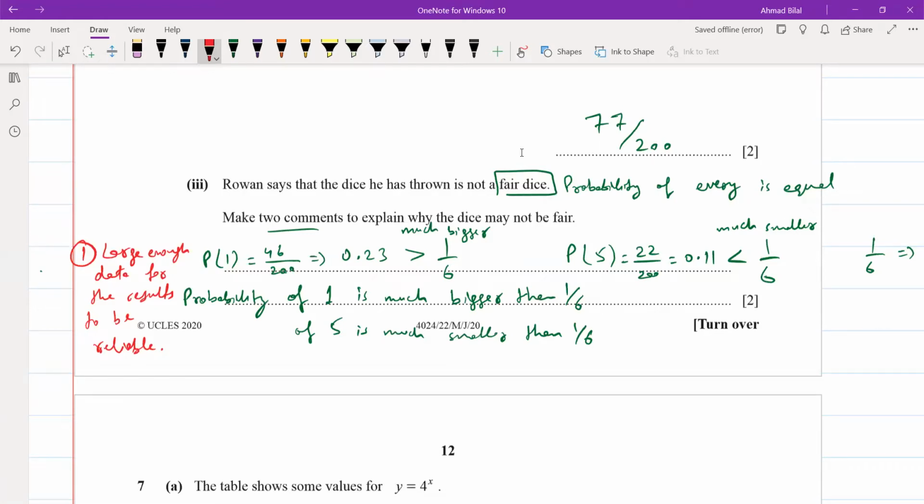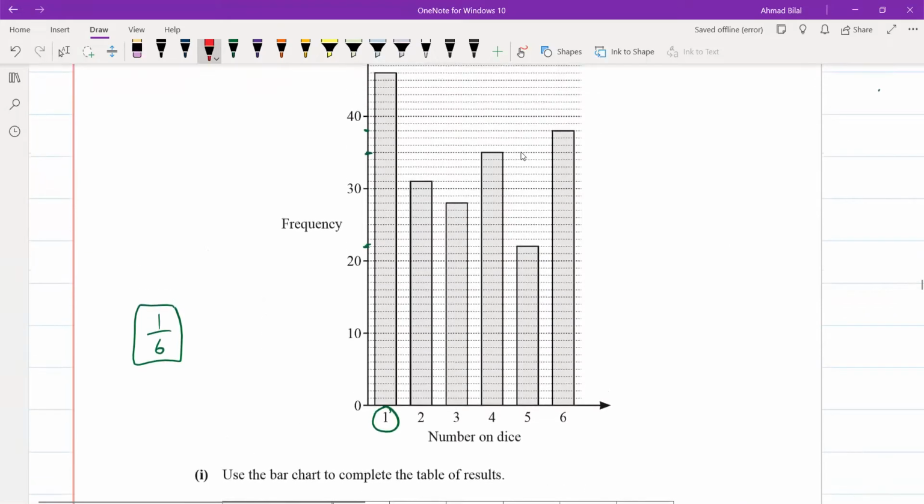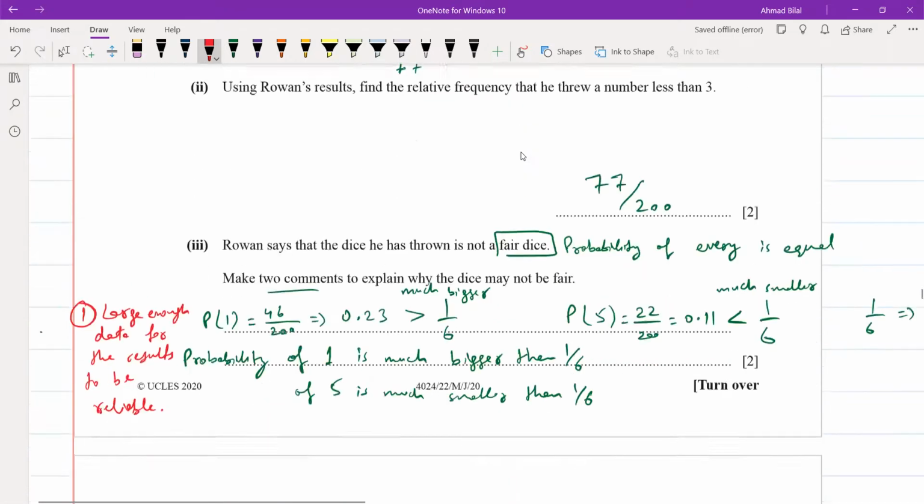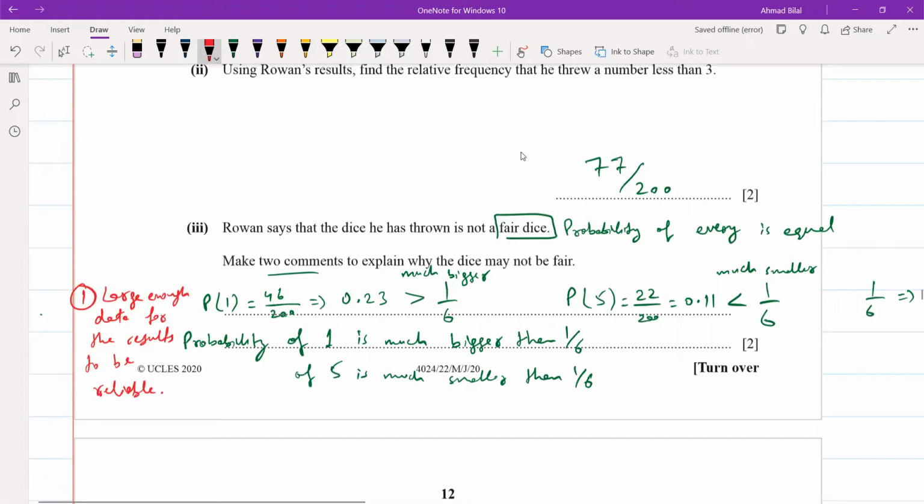So generally आप कह सकते हो roughly अगर आपका ये number 30 से बड़ा हो, तो you would say it's a large sample, it's a big enough sample. वैसे तो context पे depend करता है, but for our purposes at this level, you can use 30 as the benchmark. 30 से छोटा आपने कहना है it's not a large sample, so results may not be reliable. ठीक है, so क्योंकि ये large sample है, that is the reason we can trust these results. और वो results क्या कह रहे हैं कि 1 की probability is much bigger than 1/6, and 5 की probability is much smaller.